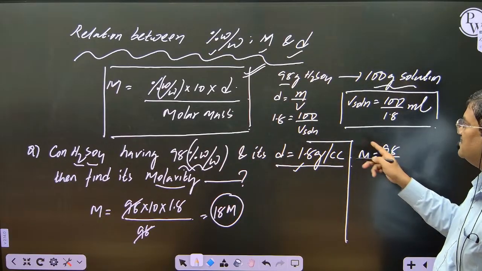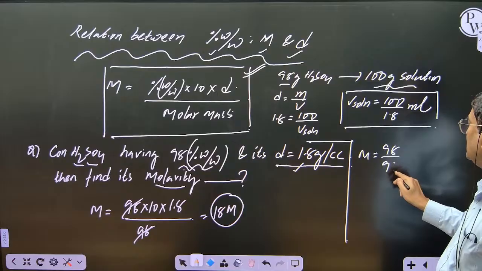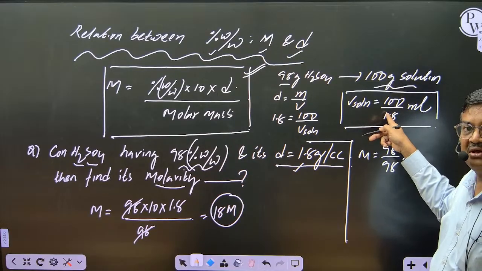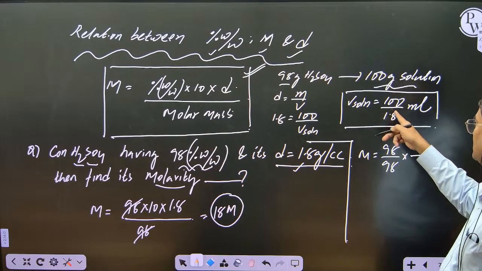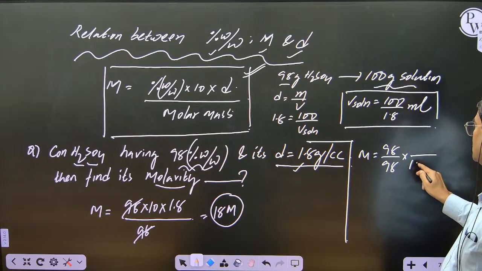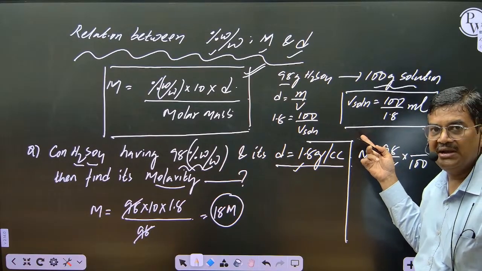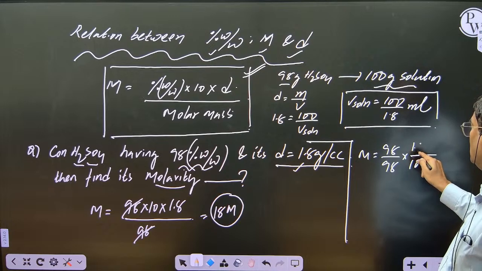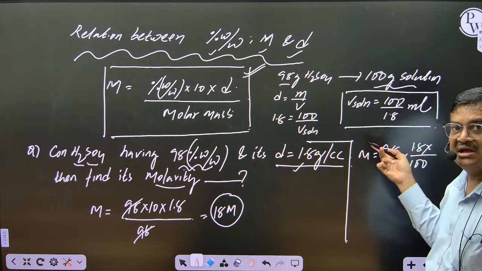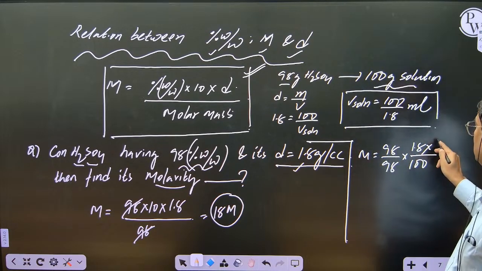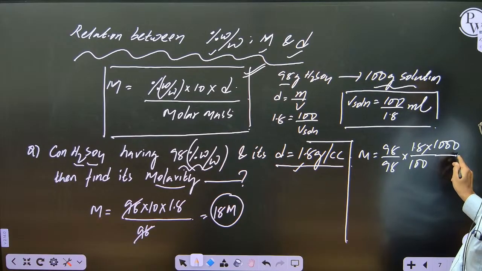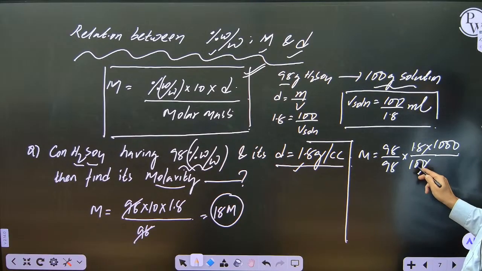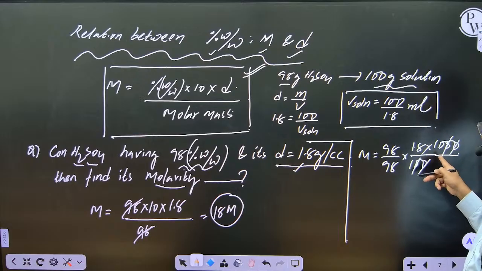What is the molar mass of sulfuric acid? 98. Volume, this is the volume we got. See what I am writing here. This is in ml, no? So 100 by 1.8. 1.8 goes to numerator. Into this, volume in ml I have to convert into liter. So I have to multiply with what? 1000. Now see, these two zeros get cancelled. Then do we get the same relation?